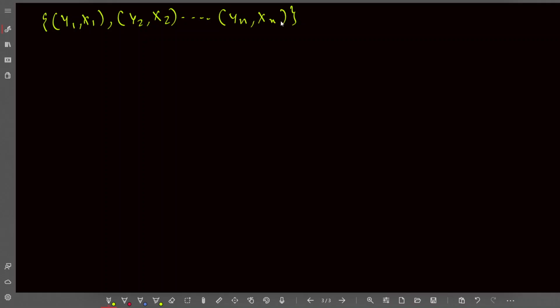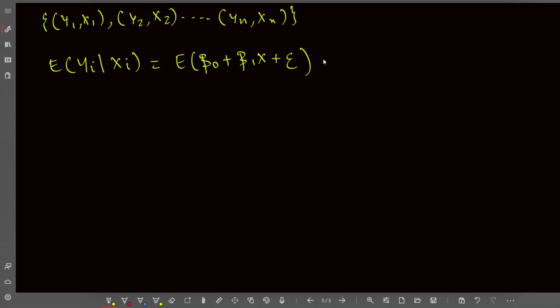Now, using the third assumption that I said, the conditional expectation of the residuals is 0, I can say that the expectation of yi given xi is equal to the expectation of beta naught plus beta 1 x plus eta.